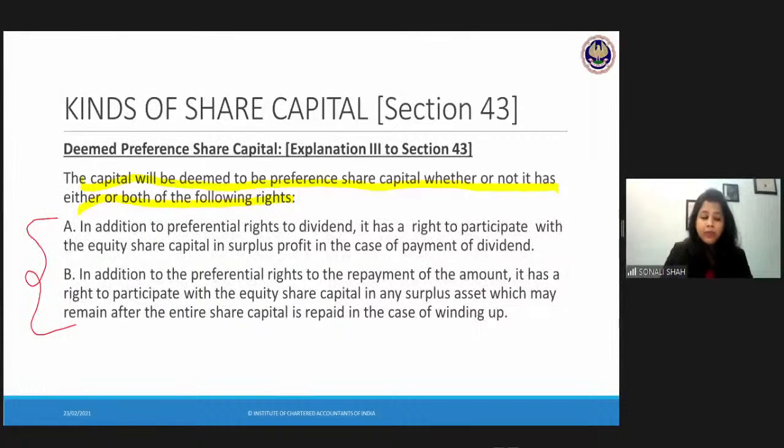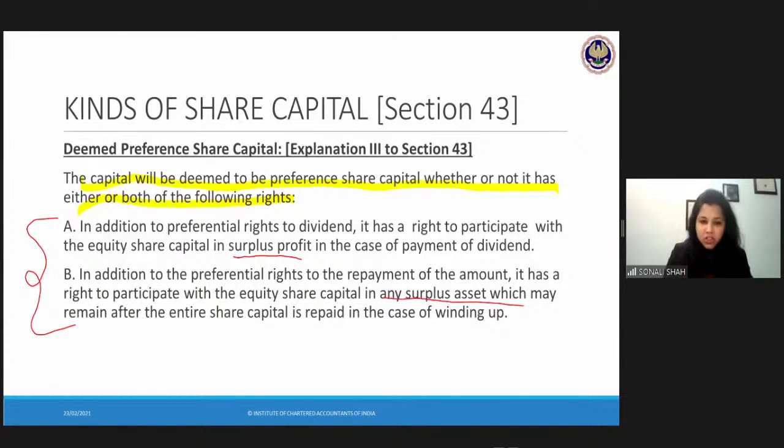So whether the share capital has a right to participate in surplus profit or a right to participate in the surplus asset, whether they have these rights or not, they will still be considered as a preference share capital, right?